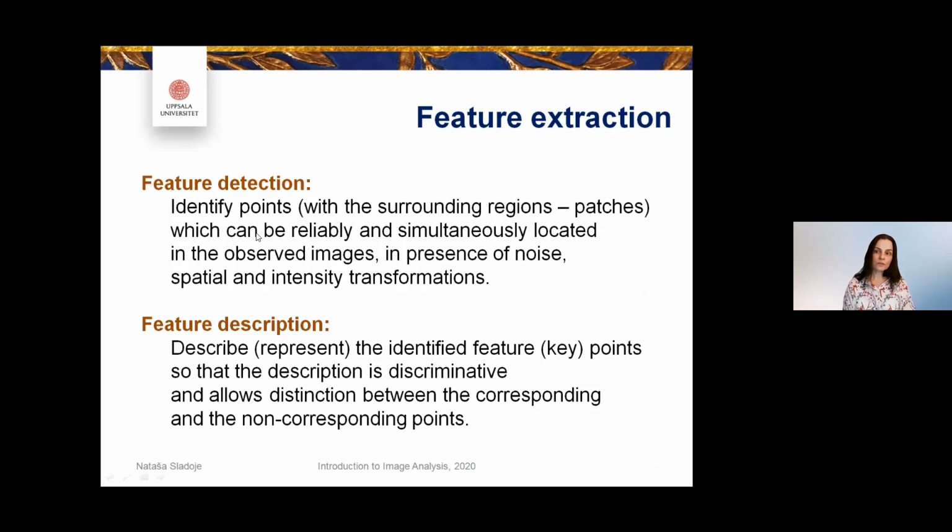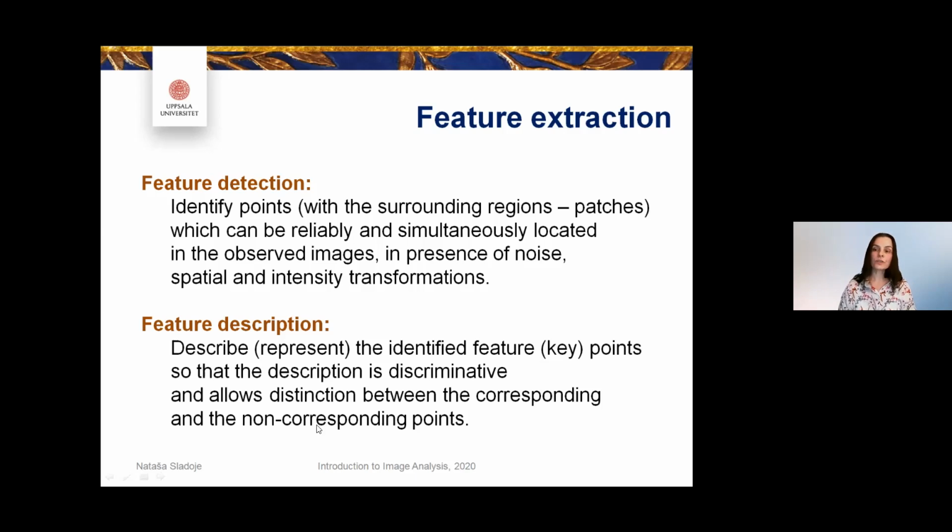So summarizing what we would like to do when performing feature extraction in the images, in the step of feature detection, we would like to identify points, of course, with a portion of the surrounding region that is called patch, so that these points can be simultaneously and reliably located in the corresponding pair of images in presence of noise or spatial or intensity transformations that may act on the two images.